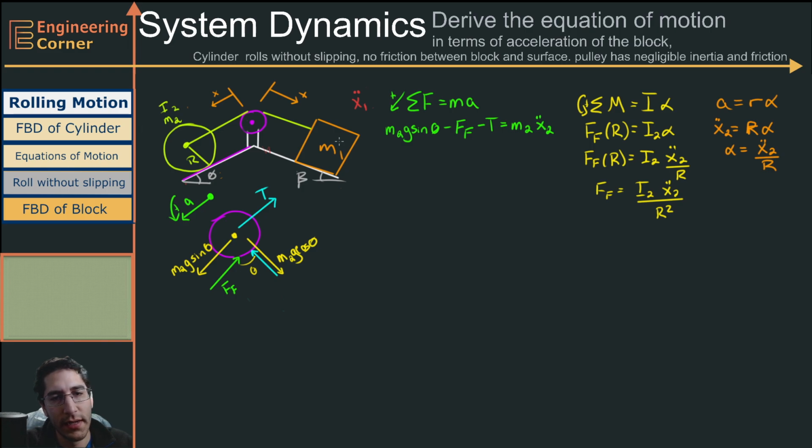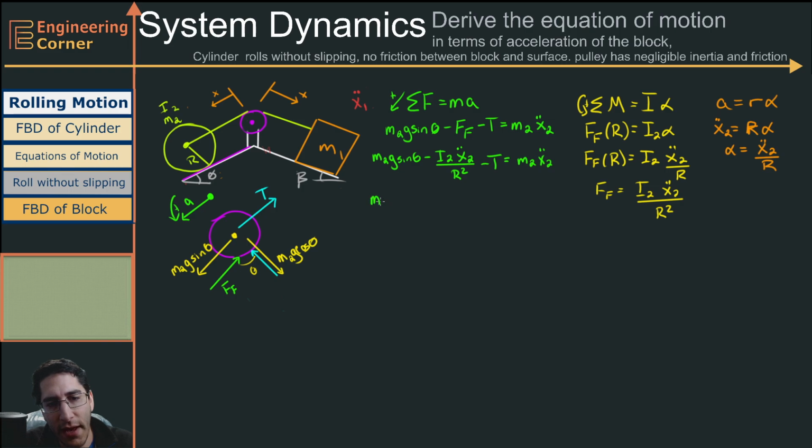So I'll get m2g times the sine of theta minus I2 x2 double dot over r squared minus t is equal to m2 x2 double dot. Now I'm going to rearrange this a little bit just to make it easier for me later. I'm going to move all my x2 double dots to the same side.